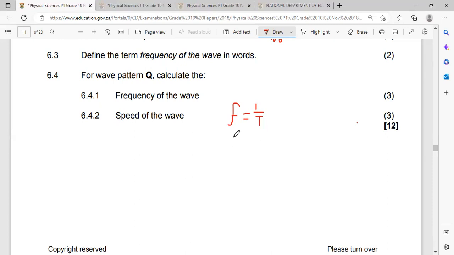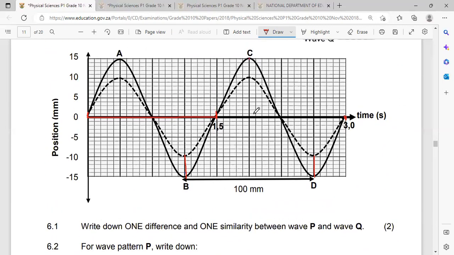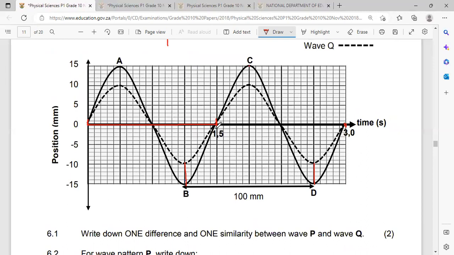And then we're gonna substitute now. So our frequency is equal to 1 over, and we go back to our graph where we discussed that our period is 1.5 seconds, right?